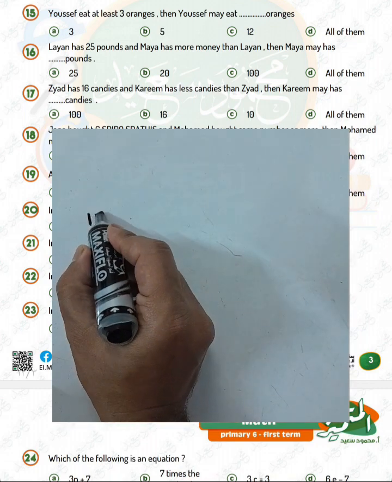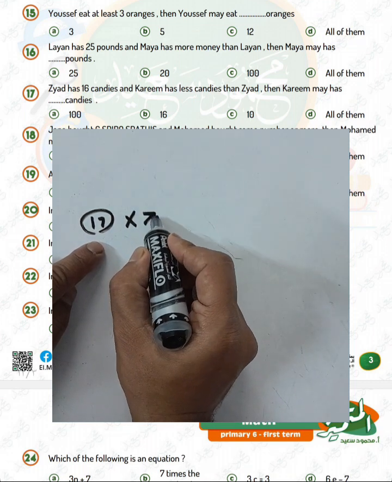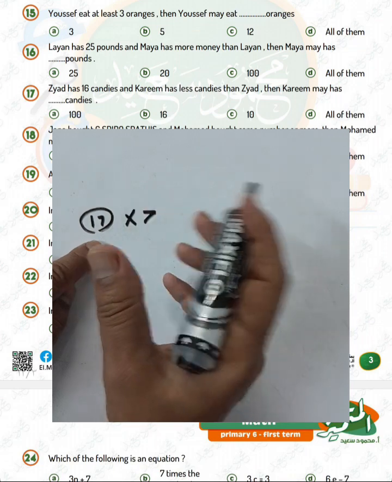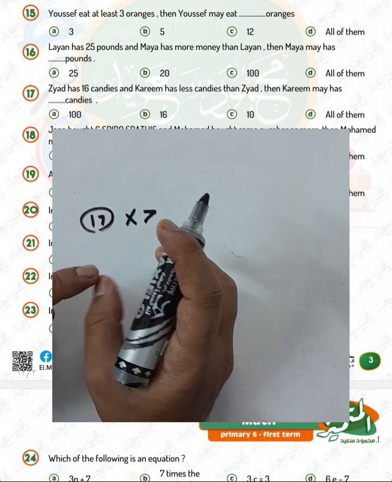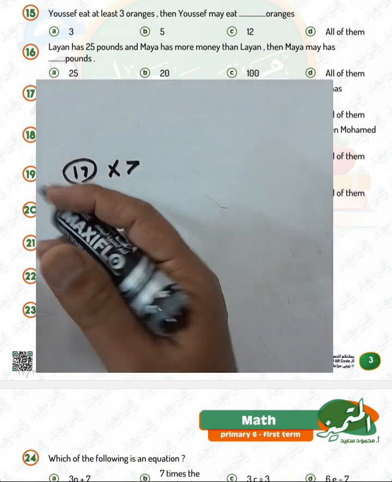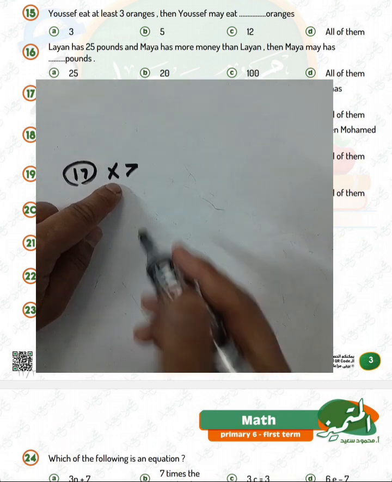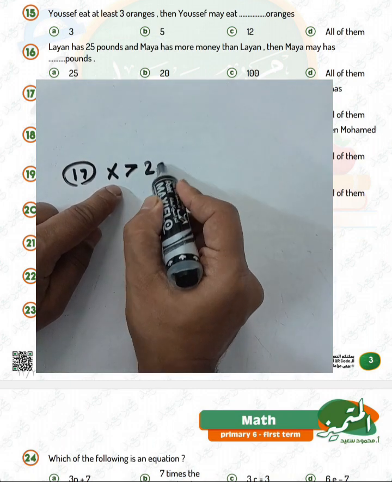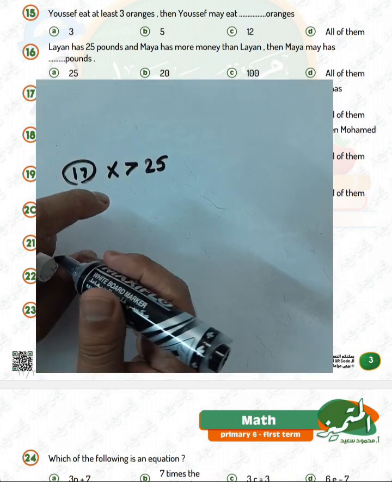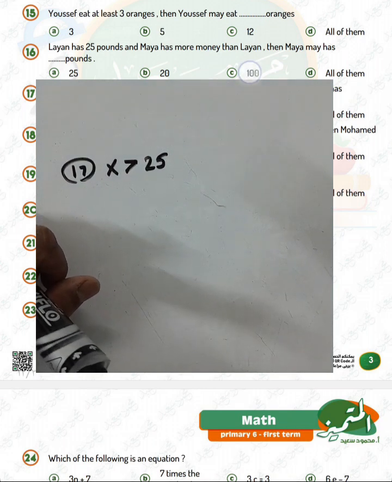If we refer to the number with x, Lian has 25 pounds and Maya has more money than Lian. I will put x here referring to the money with Maya. Maya has more than Lian, and Lian has 25 pounds. So we must choose any number greater than 25. Greater than 25, it will be 100.